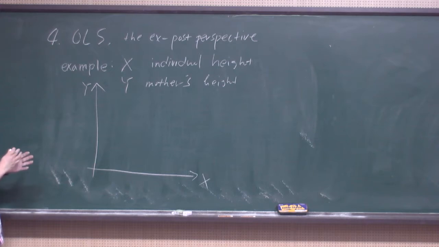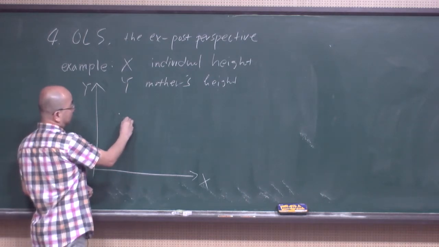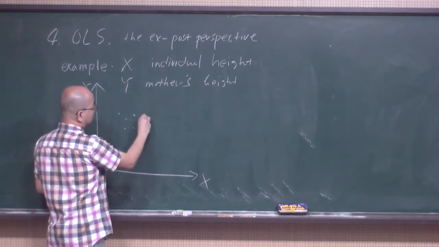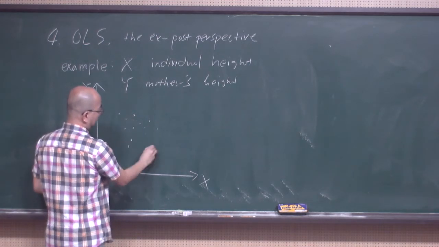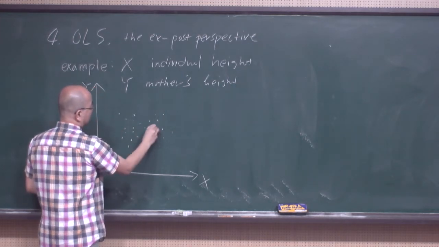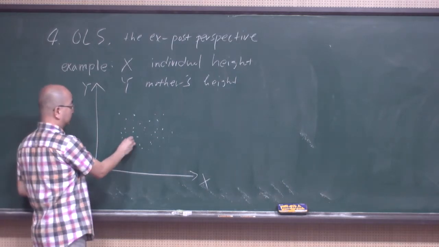And if we have data on X and Y for 100 people, then for each person we can indicate each person as a dot. So if we have observations on 100 people, maybe we will have 100 dots here.